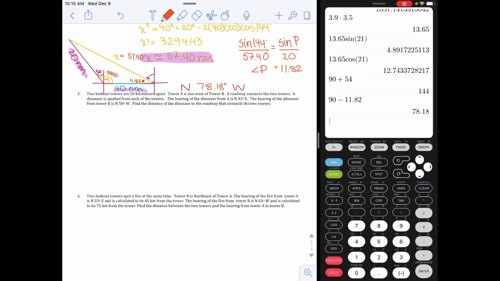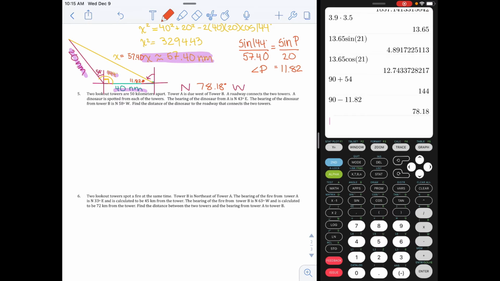Alrighty, so let's do at least one more bearing. I'm thinking let's do this number 5 one. 2 lookout towers are 50 kilometers apart. Tower A is due west of Tower B. A roadway connects the 2 towers. A dinosaur is spotted from each of the towers.